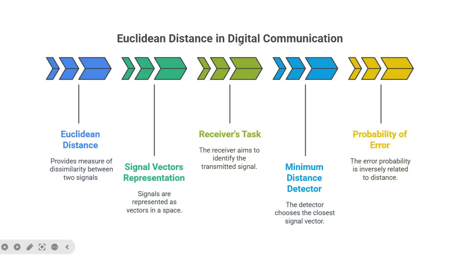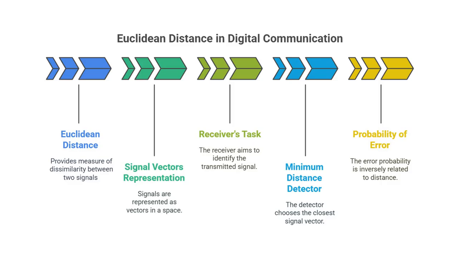Okay. In a digital communication system, the Euclidean distance between signal vectors is a crucial parameter. That is, it is an important parameter for designing optimal detectors. The receiver's task is to determine which signal was transmitted based on the received signal, which is the transmitted signal corrupted by noise.